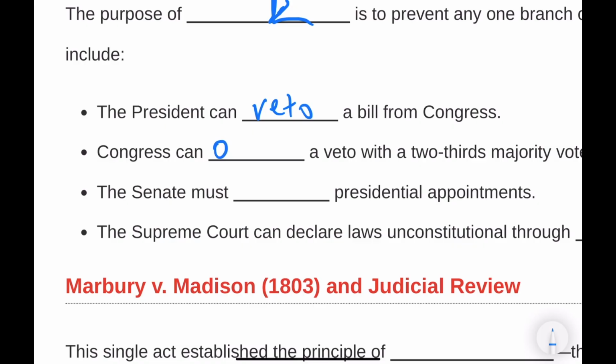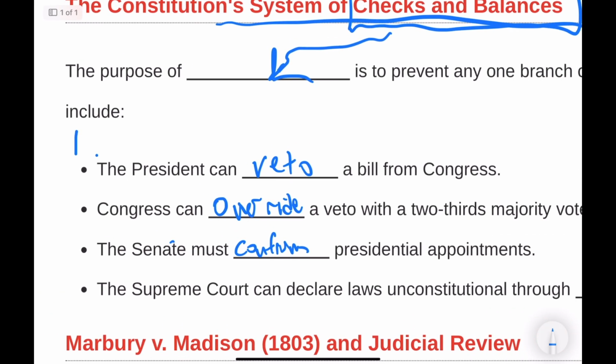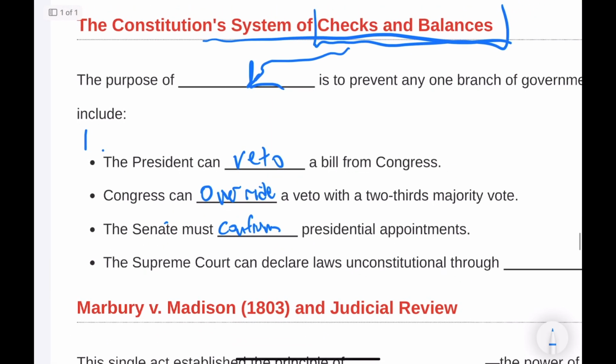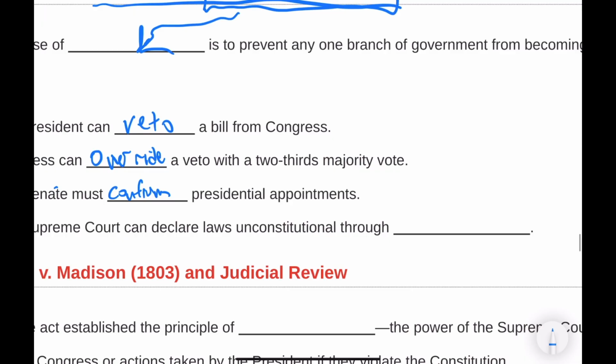Congress can override a veto, and the Senate must confirm presidential appointments. The Supreme Court can declare laws unconstitutional through what's called judicial review.